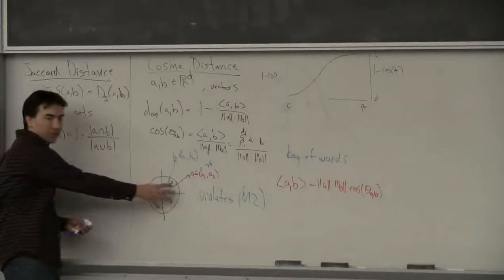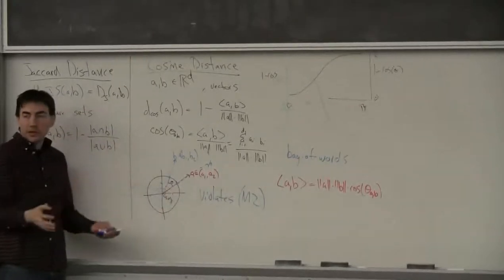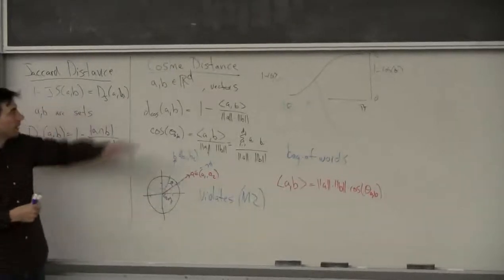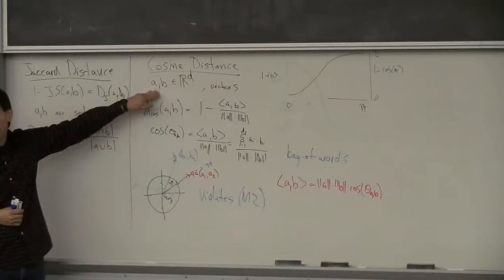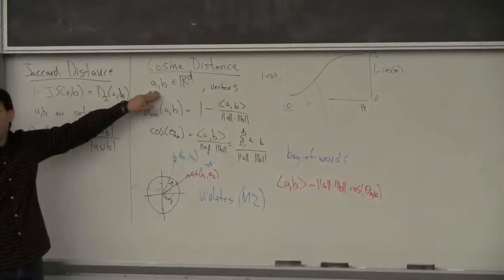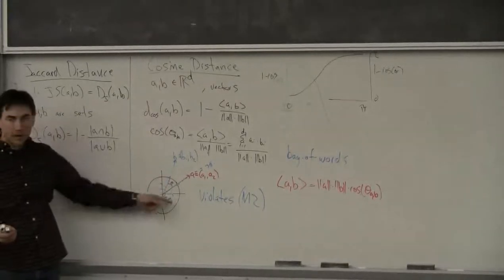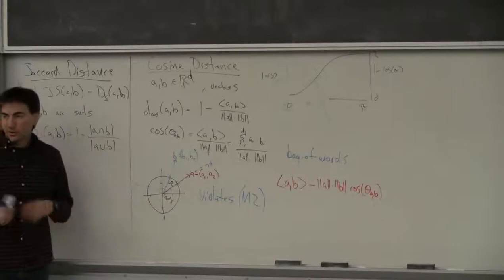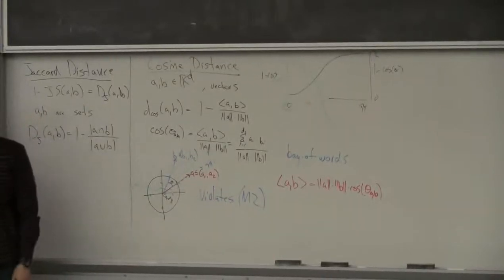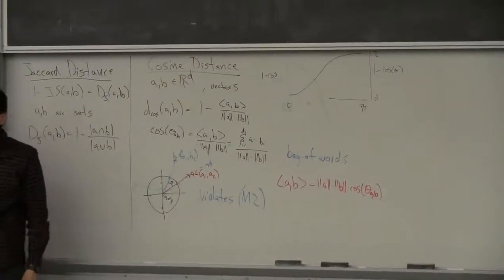Because you've normalized, it's then a metric if your inputs are vectors that lie on the unit sphere. If you restrict it to that, it's a metric because it's the shortest path on the unit sphere. So that's the easiest way to think about why it satisfies the triangle inequality.